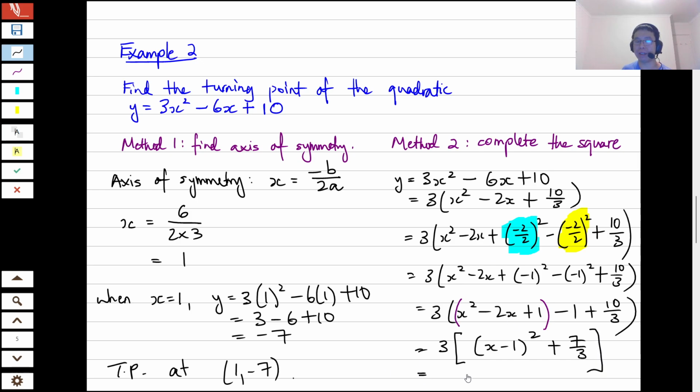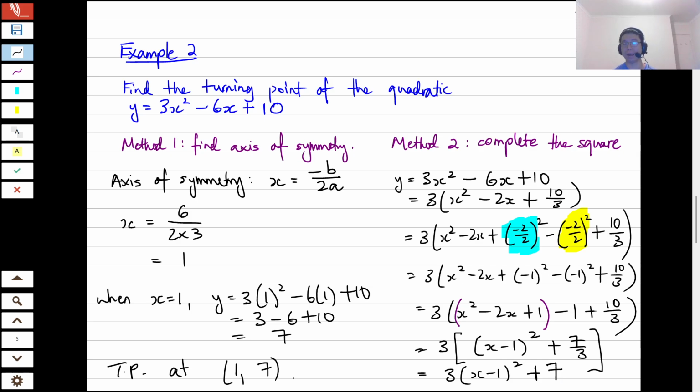And now, if I expand the big bracket, I get 3(x minus 1) squared. This should be 7, not -7. Apologies. That makes more sense. So 3(x minus 1) squared plus 7. There we go.